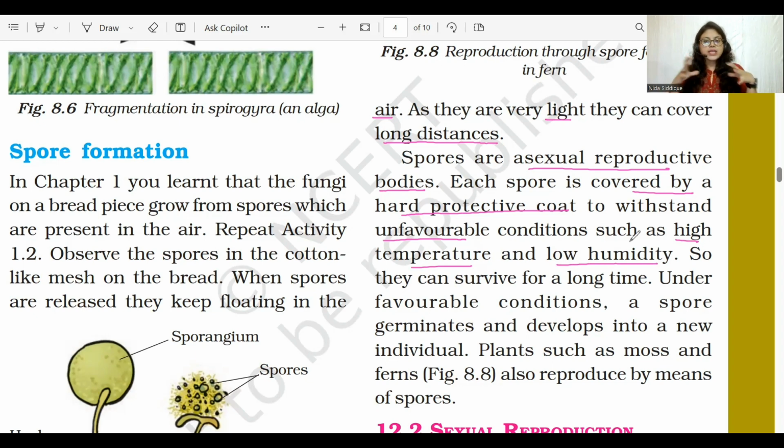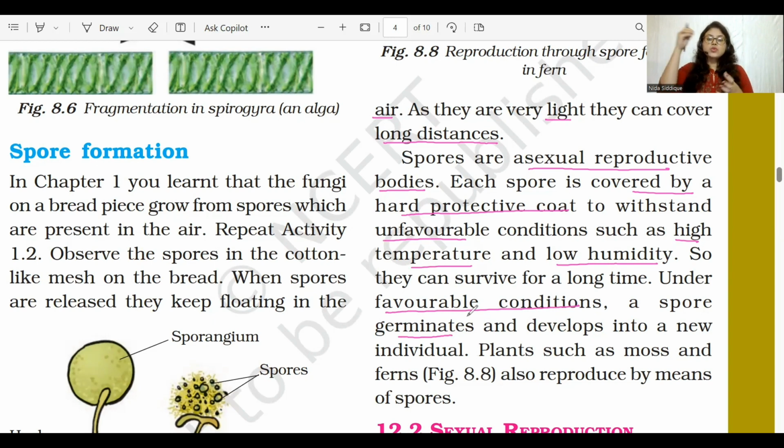The outer covering of every spore has a coating because of which they can withstand unfavorable conditions. So they can survive for a longer period of time. Under favorable conditions, a spore will germinate and develop into a new individual.